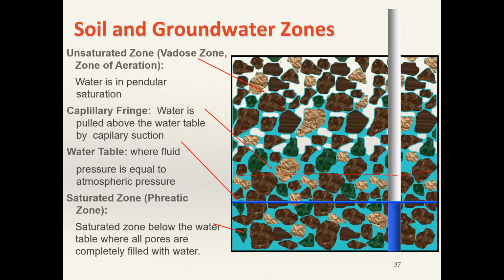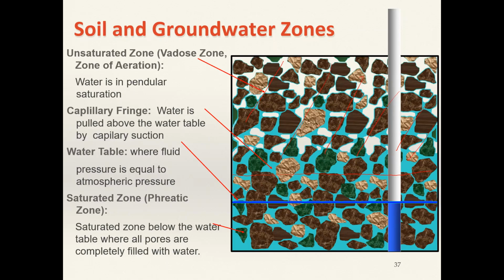Anything above that, we call the unsaturated layer. Why is it called unsaturated? Because the voids here are not completely filled with water. There are still some spaces that can be filled with water.